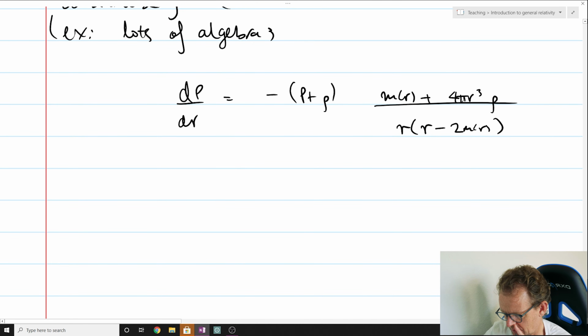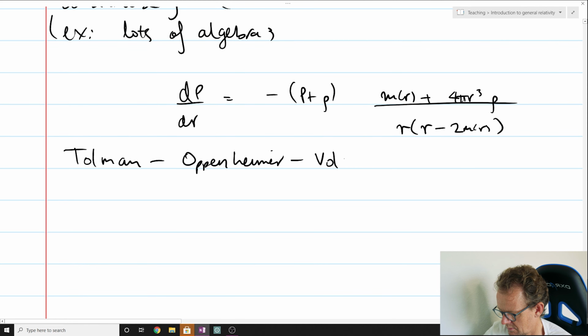And this is an equation that determines hydrostatic equilibrium for the object that we're under consideration, and it has a name. It's the Tolman-Oppenheimer-Volkoff equation of hydrostatic equilibrium.